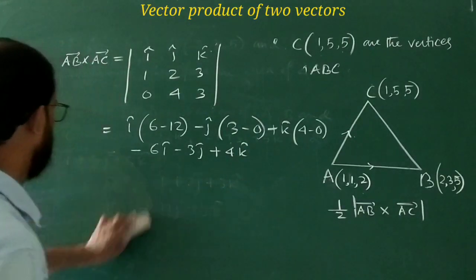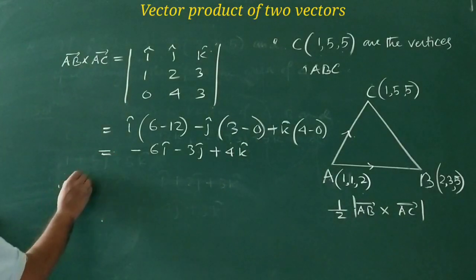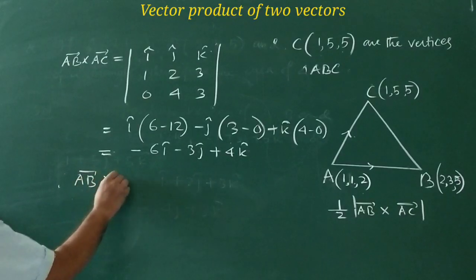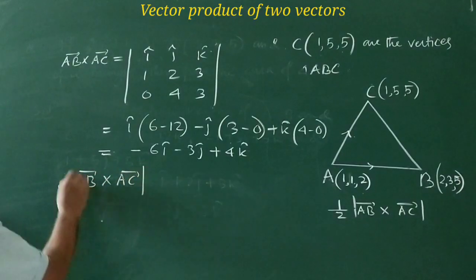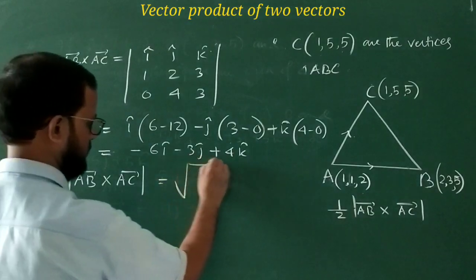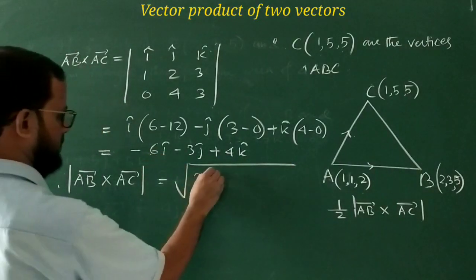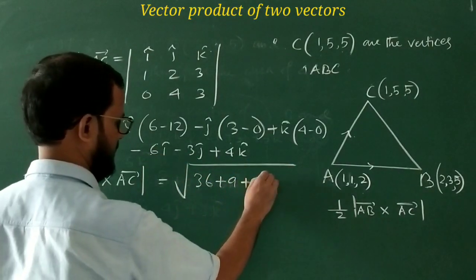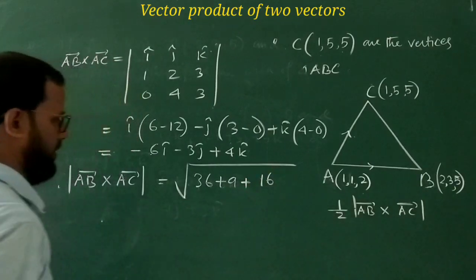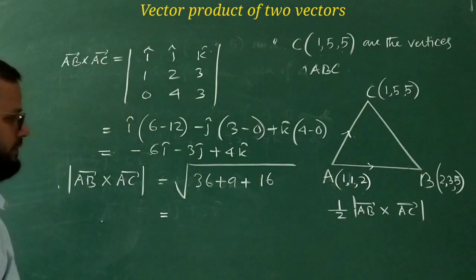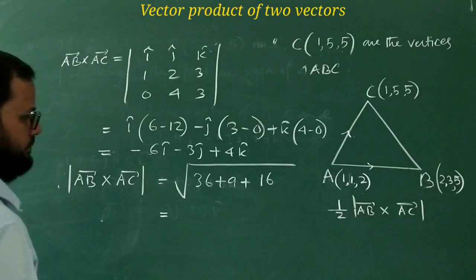Now take the magnitude. Therefore the magnitude of AB vector cross AC vector is equal to the root of 36 plus 9 plus 16. What will be the result?